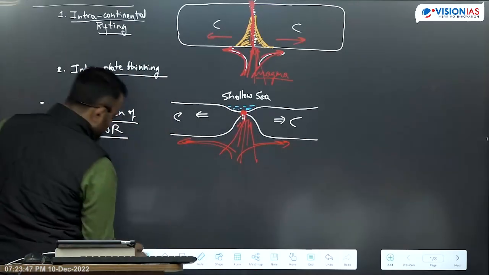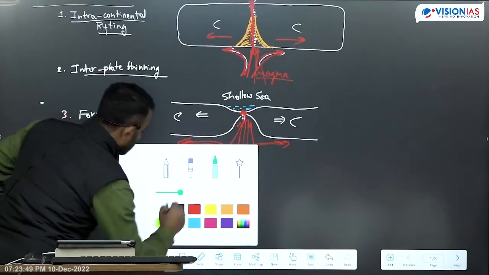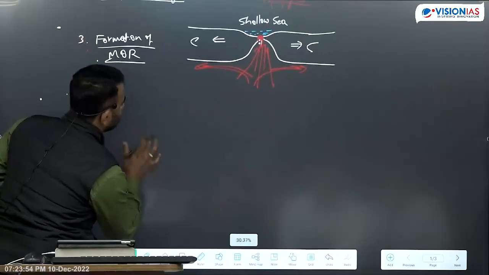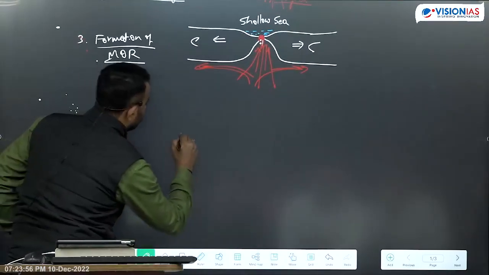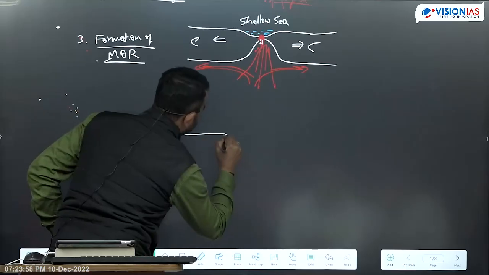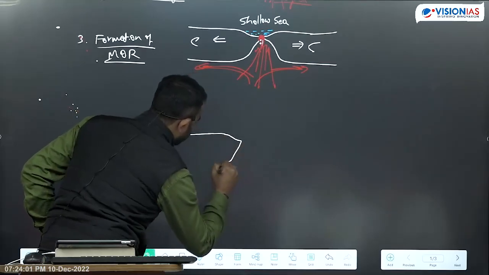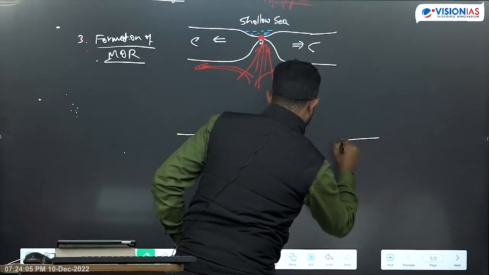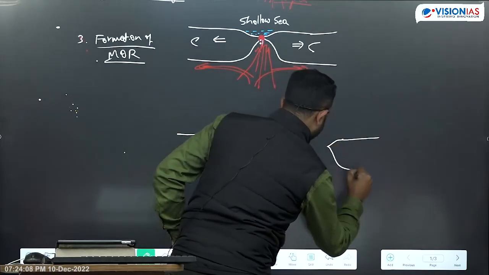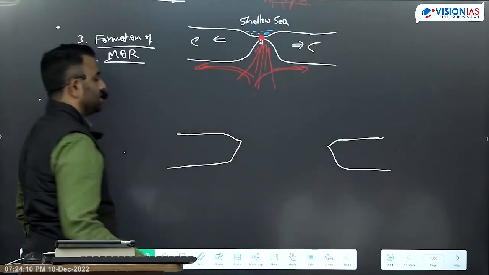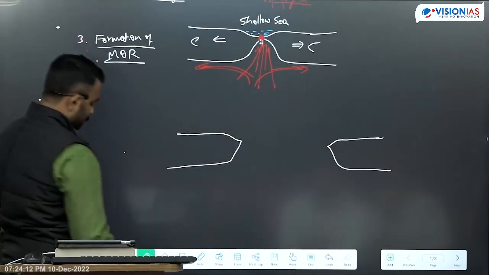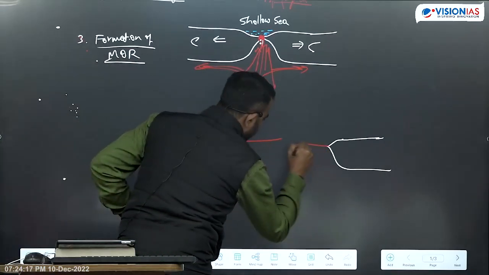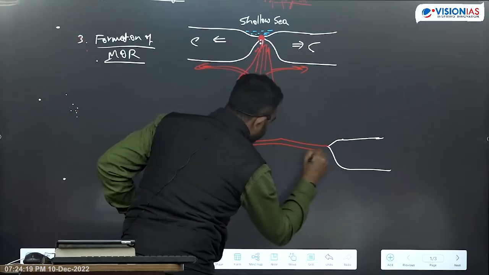After sufficient movement of these, both the parts of the continental crust have moved sufficiently apart, and in between we have a newly formed oceanic crust.